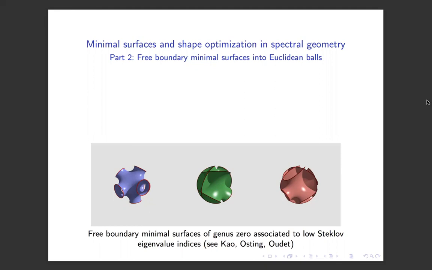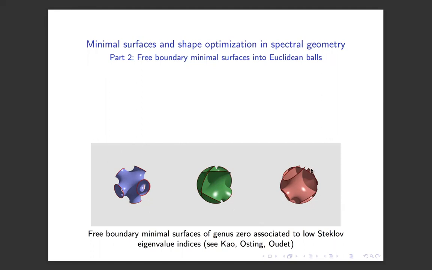operators. So these pictures were computed by Kao, Osting, and Oudet by shape optimization of Steklov eigenvalues. And they correspond to free boundary minimal surfaces into Euclidean balls. They are of genus 0.